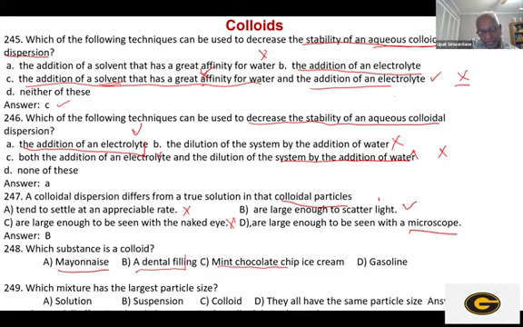Mint chocolate chip ice cream. That's a complex mixture. Gasoline is a true solution. Only manganese is the colloid. The largest particle size is suspension. Therefore, the answer is B.